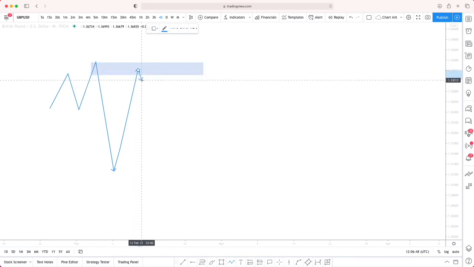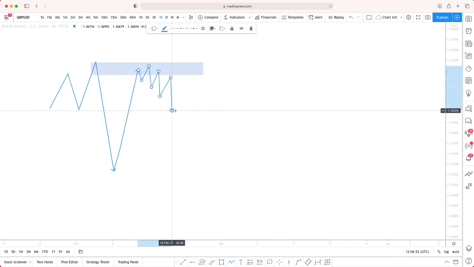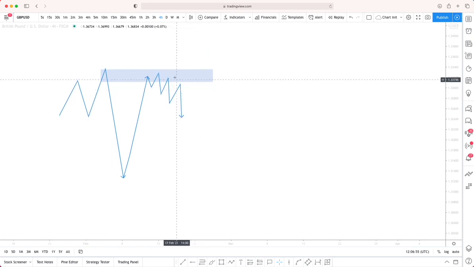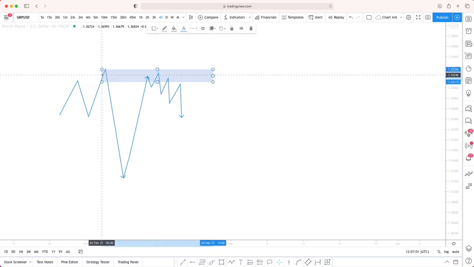So we're waiting for a change in structure at the POI, at the OB. The OB becomes a point of interest, so that's why we call it a POI. We wait for price to come to the point of interest, and then we wait for our pattern to form for our structure shift.